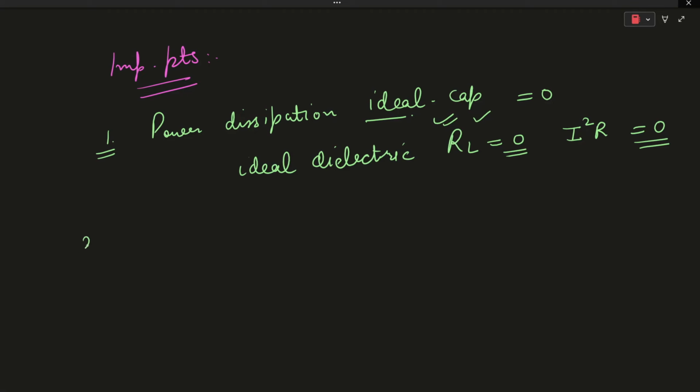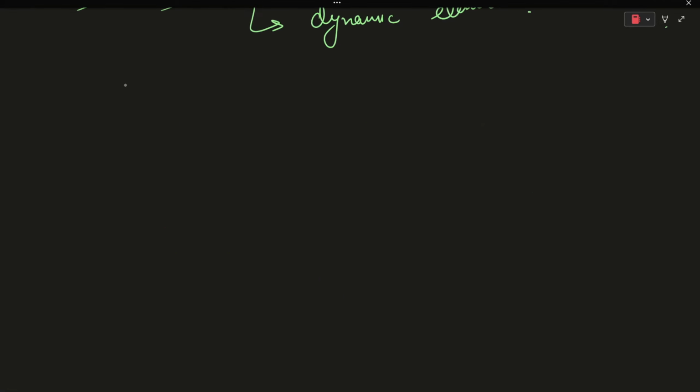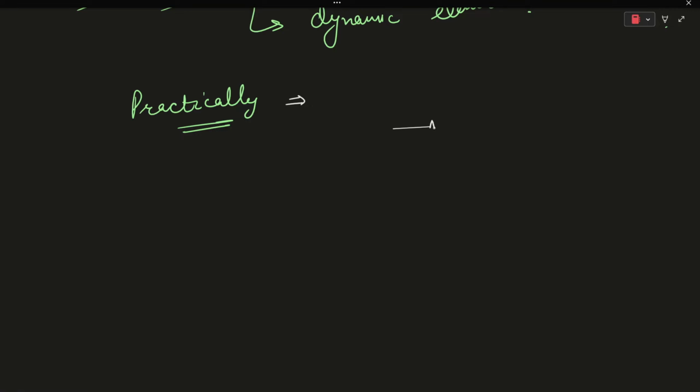The next point: a capacitor stores energy in the form of an electric field. Since a capacitor is storing energy, it is basically a dynamic element. Practically, a capacitor can be represented with a series resistance connected to it and a leakage resistance in parallel.